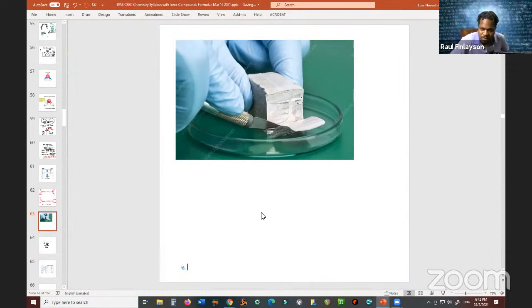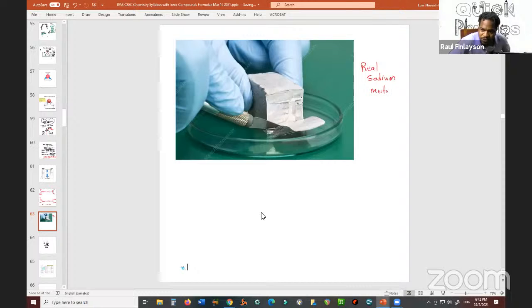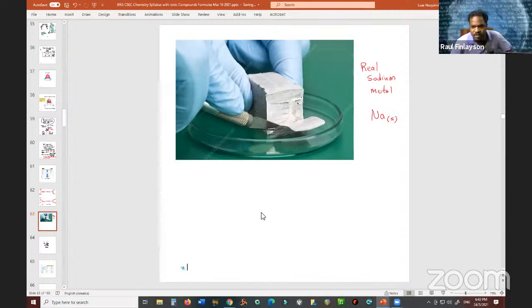This is real sodium metal. Nobody would know that unless you saw it. In chemistry we write that as Na(s), and the s represents solid form. So let's put our Na there. Any questions here?